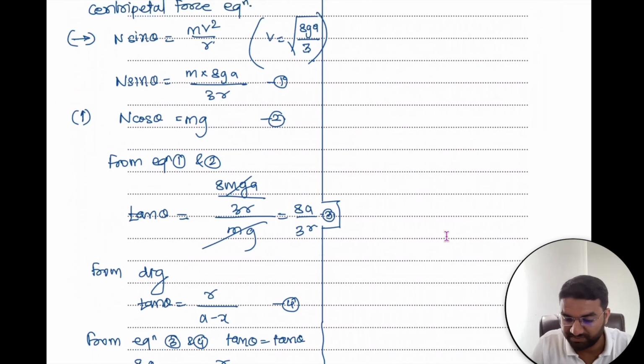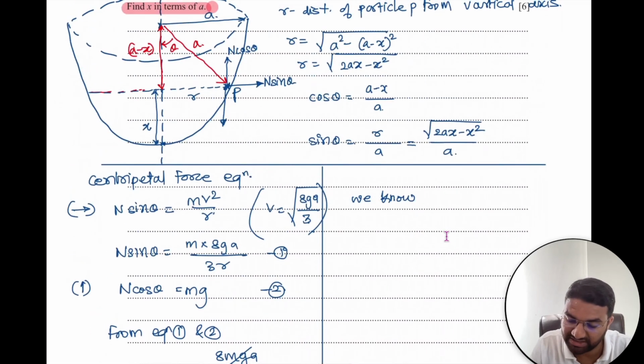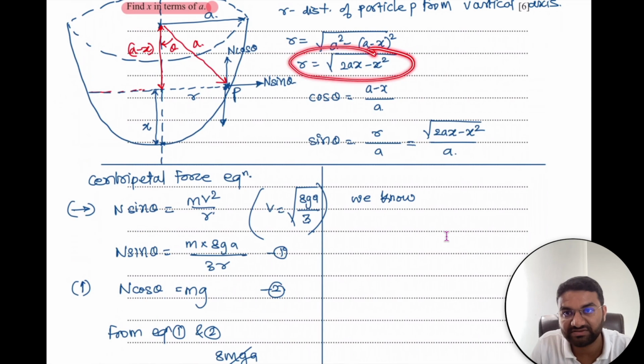We know that in the beginning we calculated the r value, that is square root of 2ax minus x square.